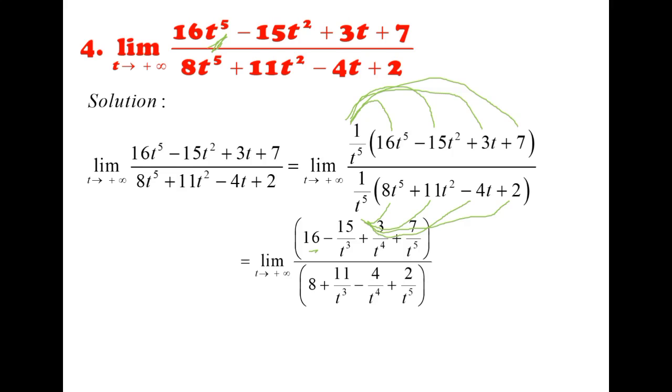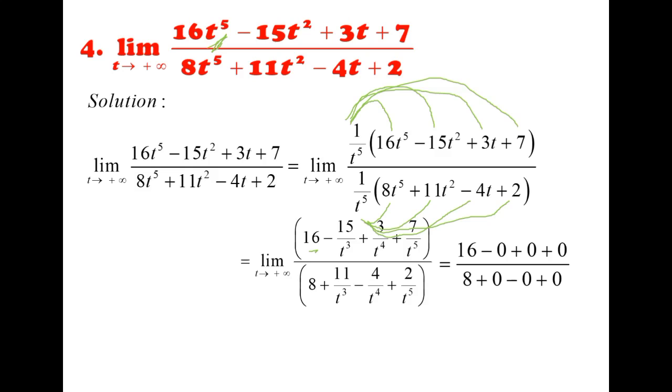Since we now have every denominator in terms of the variable t, we apply the limit. The limit of the constant is still the constant, so the limit of 16 is 16, and the limit of negative 15 over t cubed as t approaches positive infinity is 0.